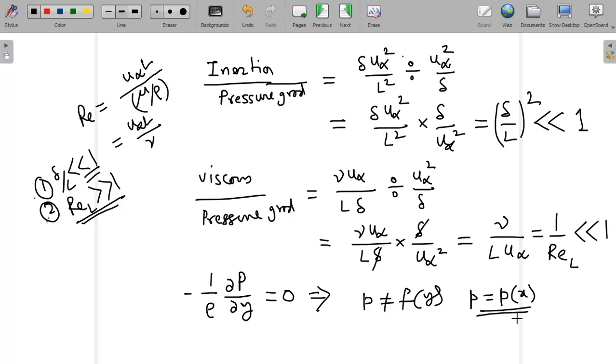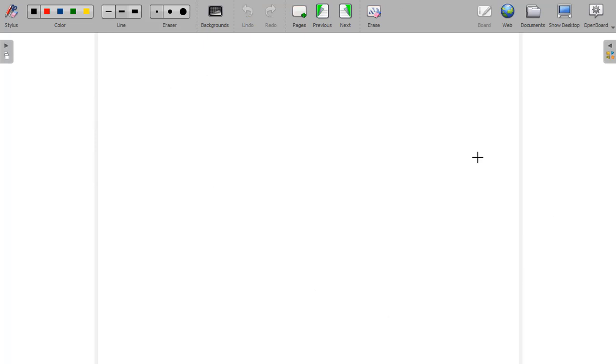Now coming to the x momentum equation. For the x momentum equation under steady and no gravity situation, what will be the form?